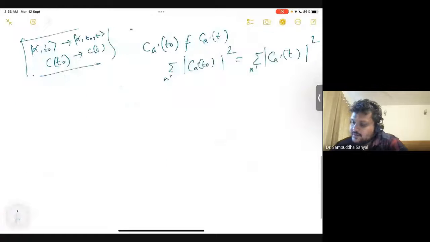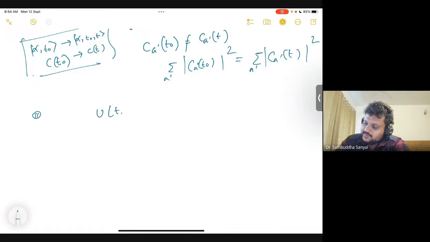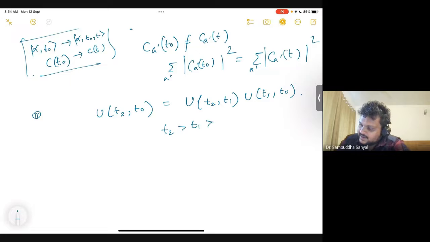Okay, good. Now remember there is one more thing we want to exploit here, that U(t2, t0) must be equal to U(t2, t1) times U(t1, t0), provided t2 is greater than t1 greater than t0.